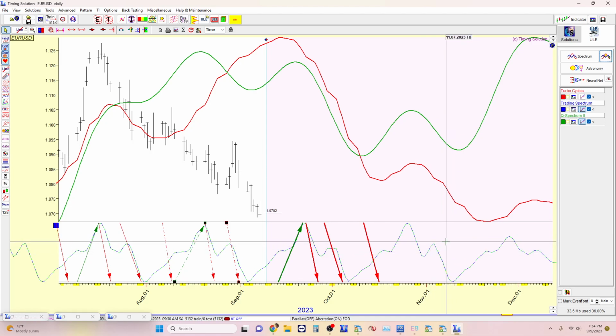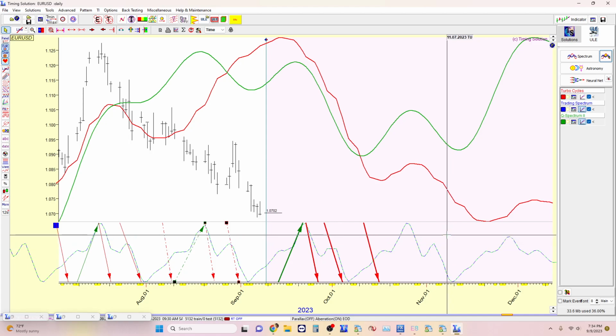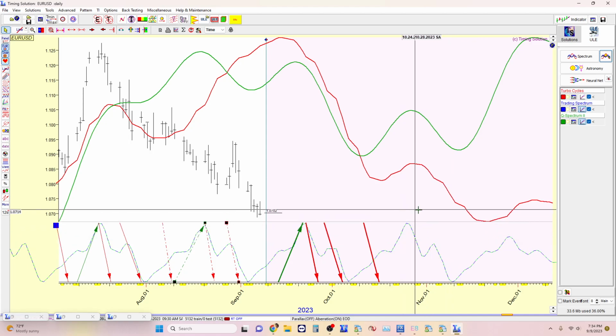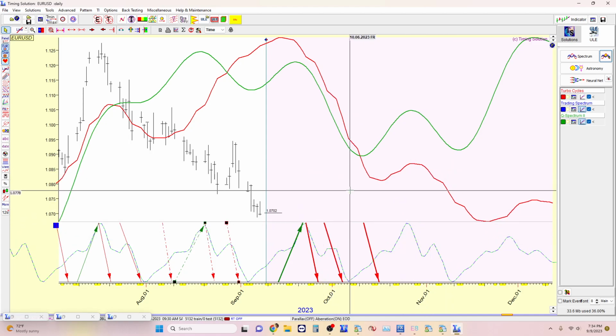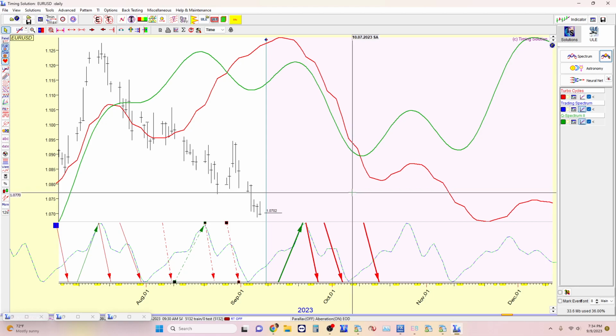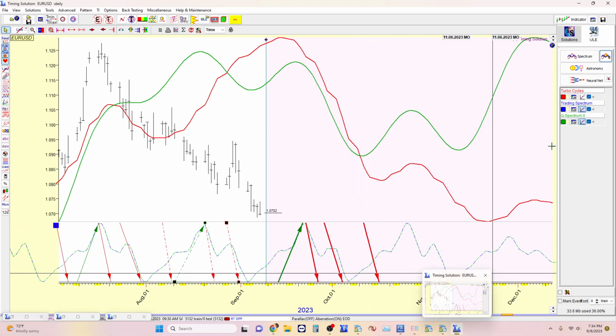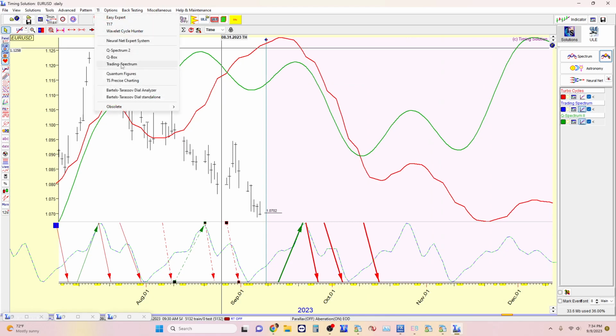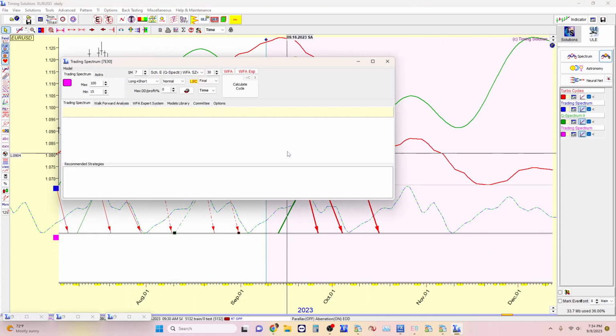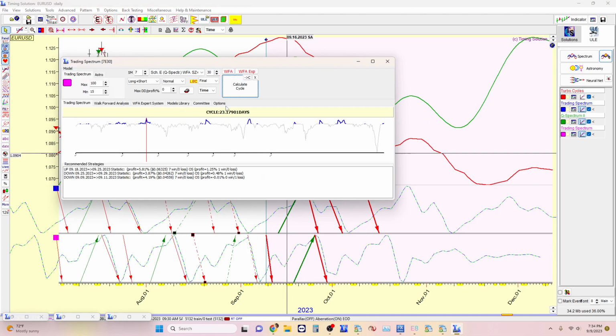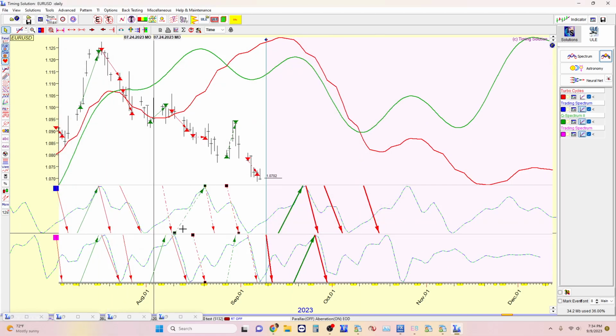But here are just the best 3 methods I rely on for making a forecast with Timing Solutions. Usually with the Q spectrum or the trading spectrum, I just do a quick calculate cycle, and this is what it comes up with.